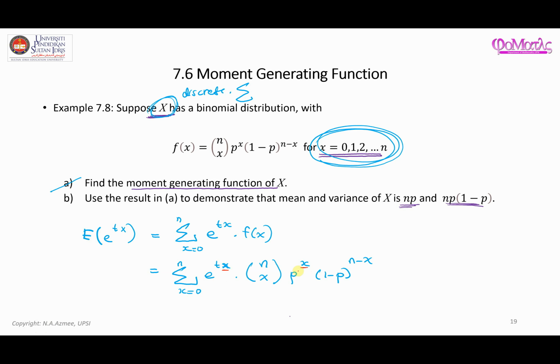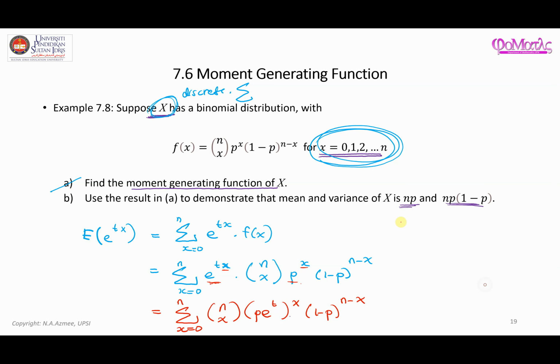We can use the law of exponents to combine these two terms together. So we have the sum for x equals 0 to n of n choose x, p e to the t, all to the x, combining these two terms, and (1 minus p) to the n minus x.